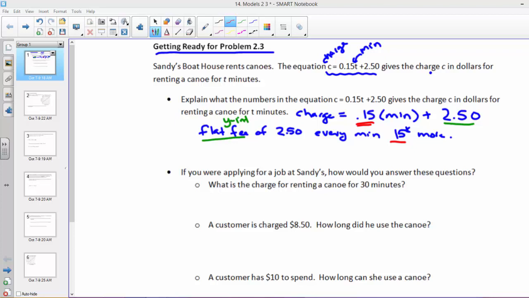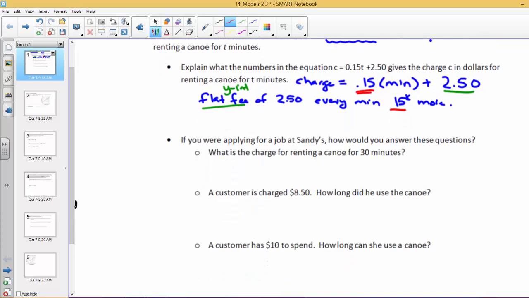If you were applying for a job, so this is like a job interview, the first question is, what is the charge for renting a canoe for 30 minutes? So you would swiftly do 0.15 times 30 minutes plus $2.50.